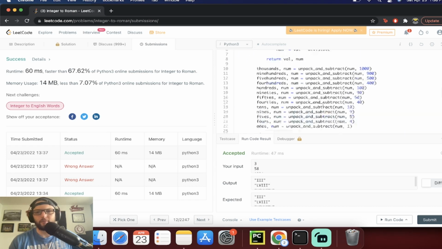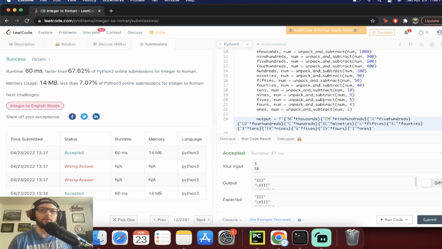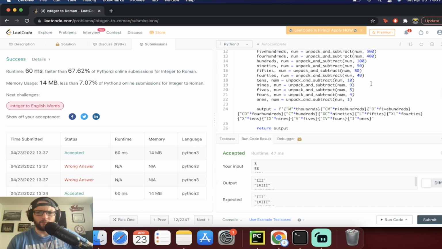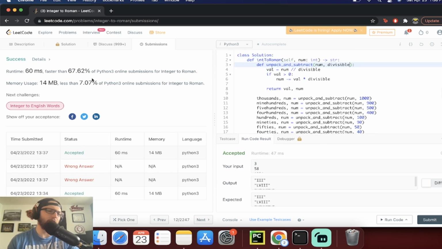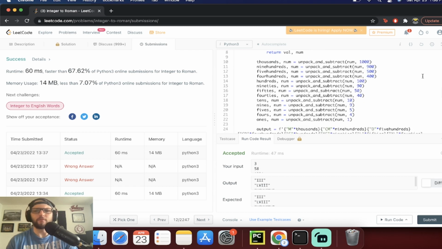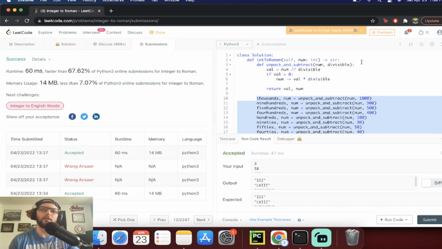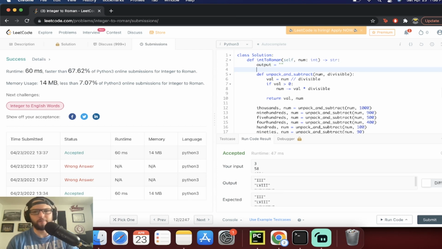Okay. I'm just trying to think about how we can get this memory down. I think that by unpacking them all like this, it's probably not the most efficient way of doing it. So I'm going to guess that we could just have output equals empty string like such.